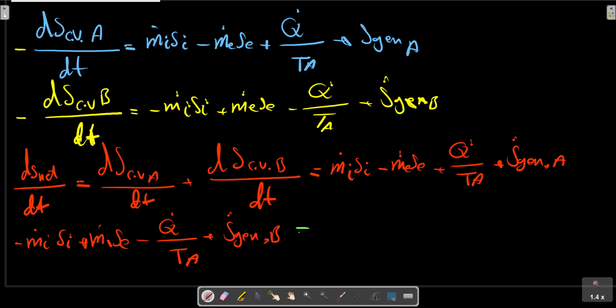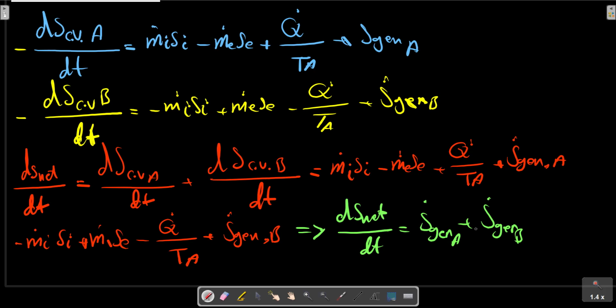As the result, we have dS net on dt equals S dot generation A plus S dot generation B, which is greater than 0.